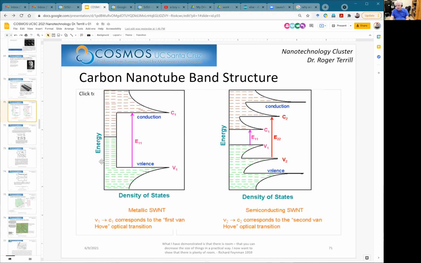And you can see that there are at least two types of tubes in terms of their band structure. There's conducting tubes, or metallic tubes, I should say, and then there's semiconducting tubes, right?